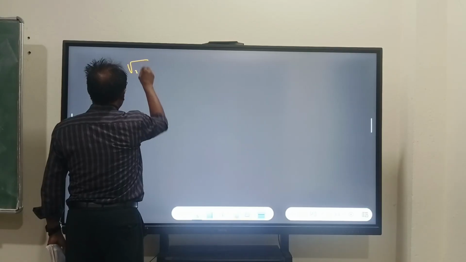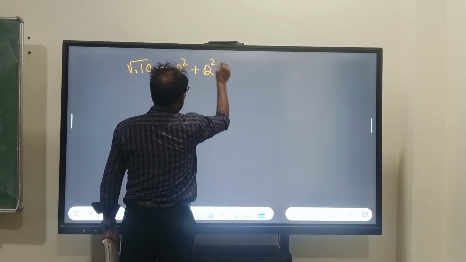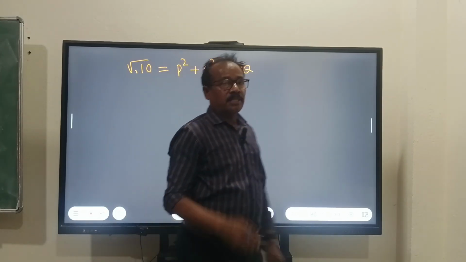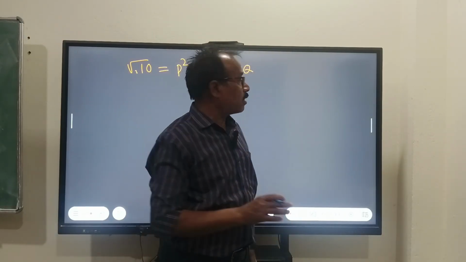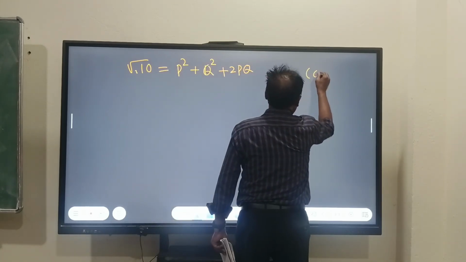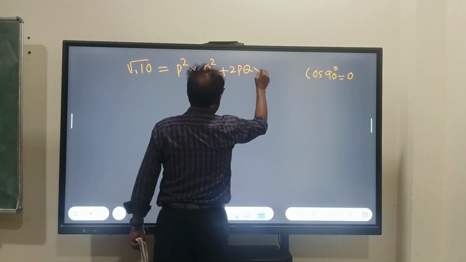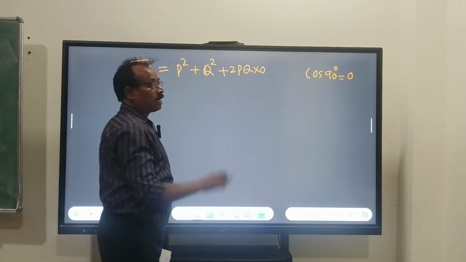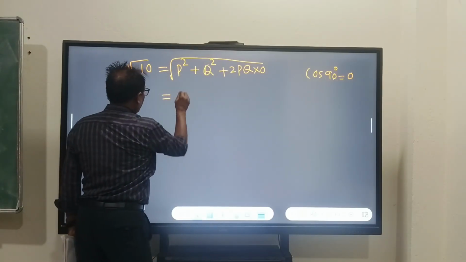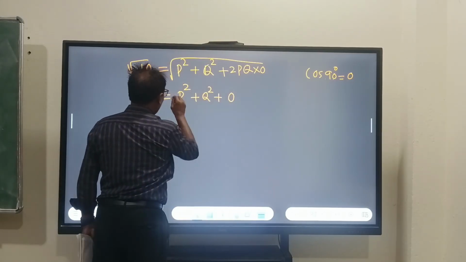You know that sin 0 is 0, sin 90 is 1, but cos 0 is 1, cos 90 is 0. Therefore, cos 90 is equal to 0. Putting the value of cos 90 equal to 0, we have root over P square plus Q square plus 0.